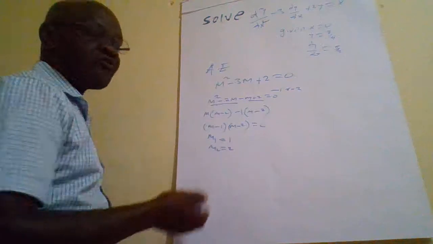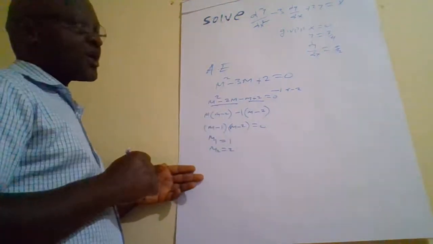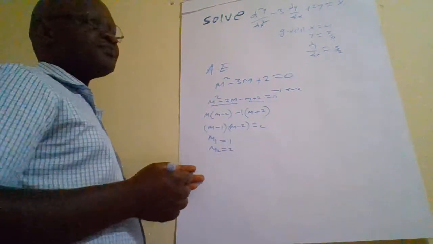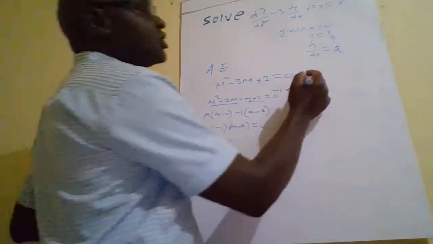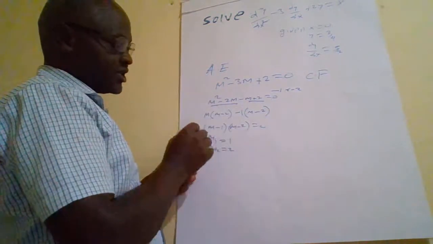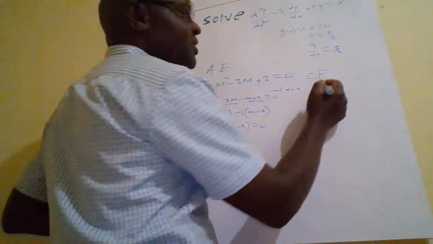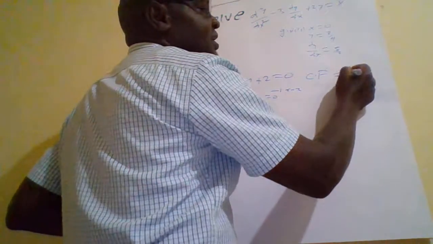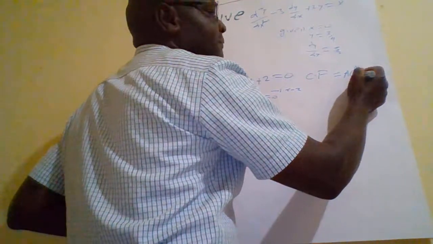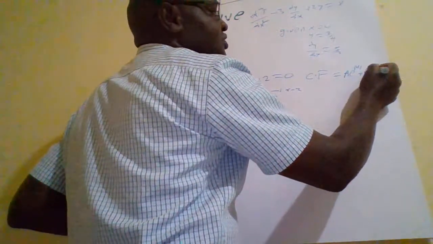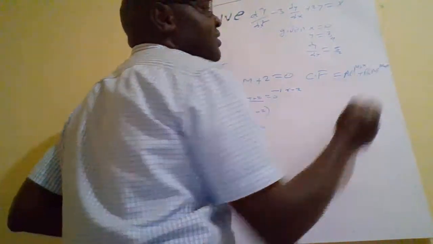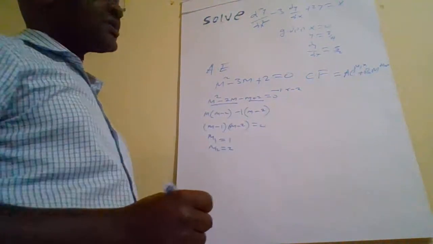If we have two values of m, then we are going to find what we are calling the complementary function, CF. When you get m1 and m2, the complementary function is always given by a e^(m1 x) plus b e^(m2 x).